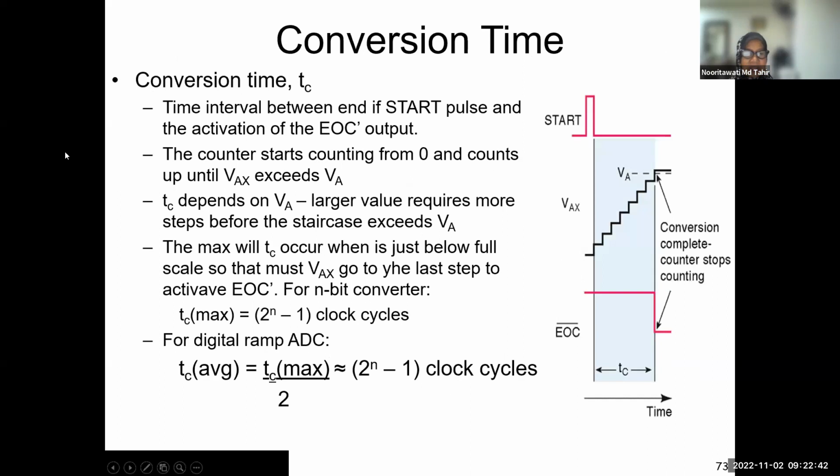So kalau tengok conversion time ya, how do we compute the conversion time untuk digital RAM? Okay, dia bergantung kepada number of bits dia. Kalau untuk flash dia sekali je, one go dia compare terus. Kalau untuk SAC dia bergantung kepada size of SAC punya DAC tu.